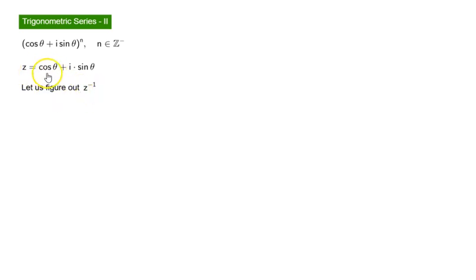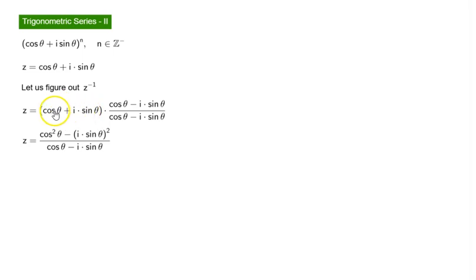its inverse is. Now to figure out the inverse, let's multiply and divide cos theta plus i sin theta with its conjugate. Multiplying this, we get (cos theta + i sin theta)(cos theta - i sin theta).